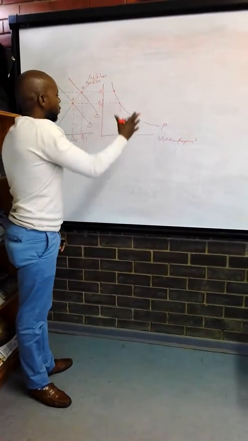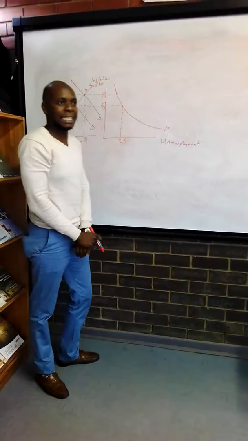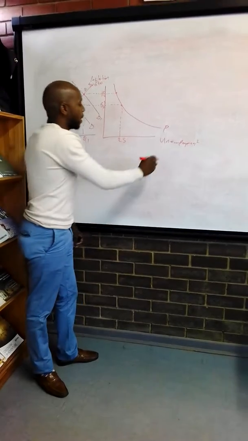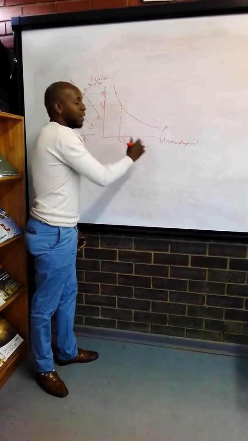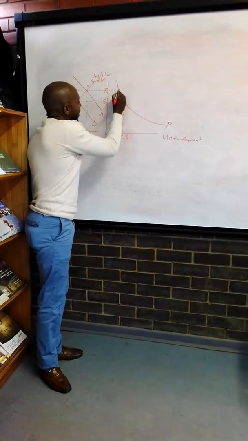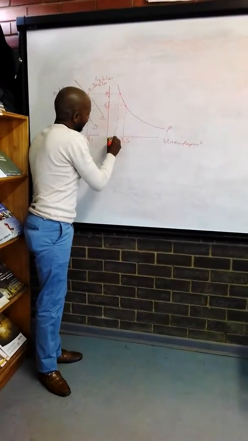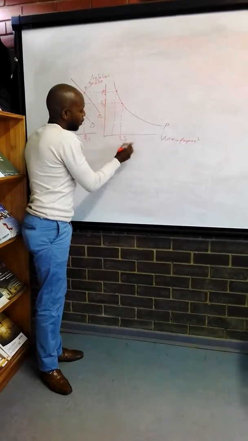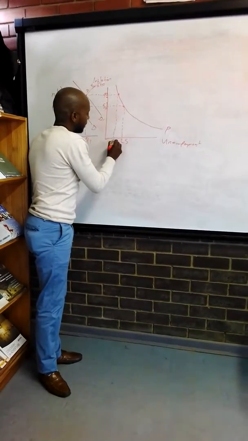What happens to the level of unemployment when there is an increase in the inflation rate? Unemployment decreases from 25 to, let's say, 20.